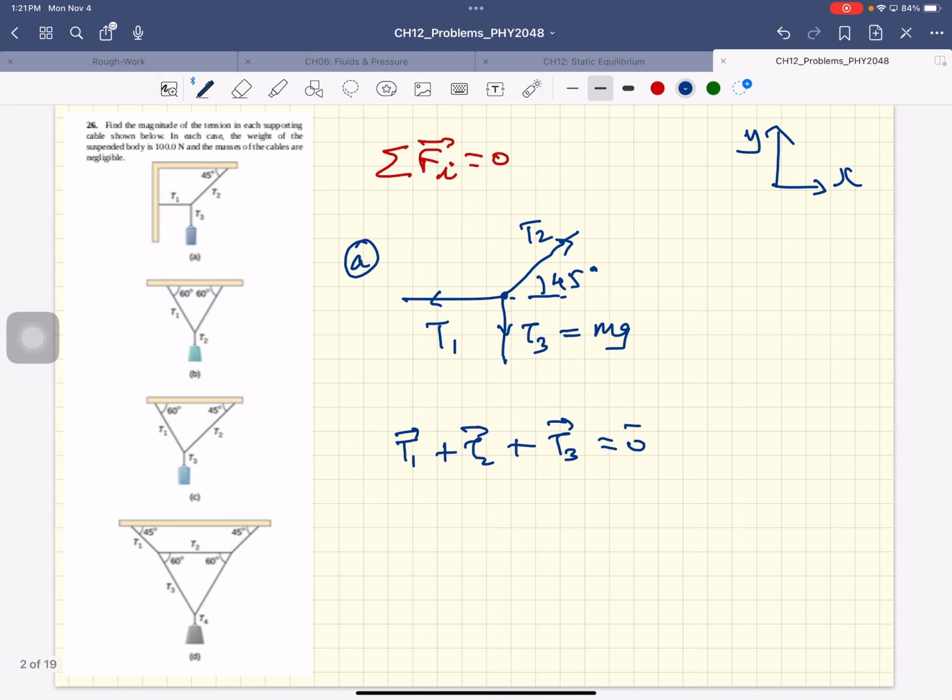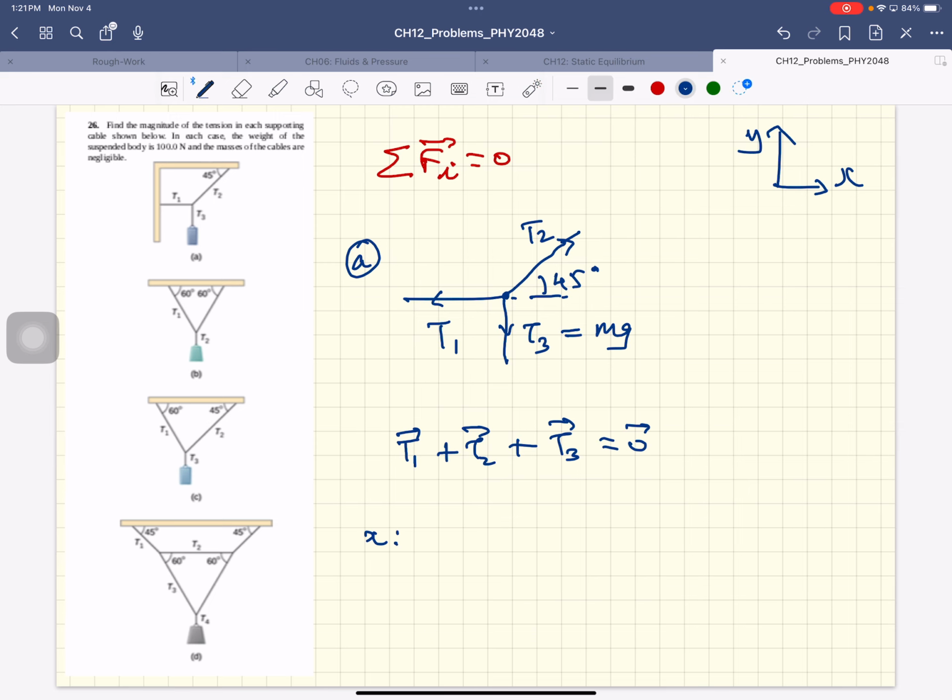So let's write the x component of the force: minus T1 plus T2 cosine 45 equals 0. So T2 equals T1 divided by cosine 45.